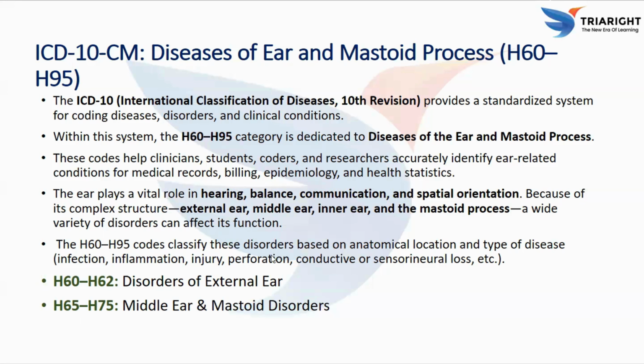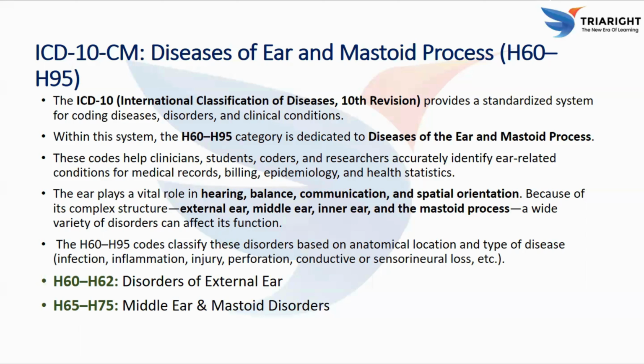So, what are the categories of the diseases of the ear and mastoid process? H60 to H62 cover the disorders of the external ear. These include conditions such as otitis externa, impacted cerumen, chondritis, etc. These codes mainly focus on problems outside the tympanic membrane.